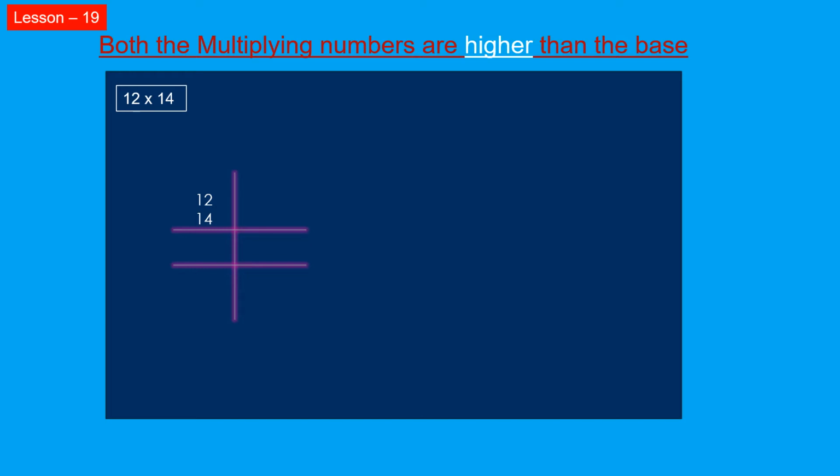Both the multiplying numbers are higher than the base: 12 is more than the base 10 and 14 is also more than the base 10. First we write down 12 and 14 like this. That is our first step, and we have identified our base as 10.